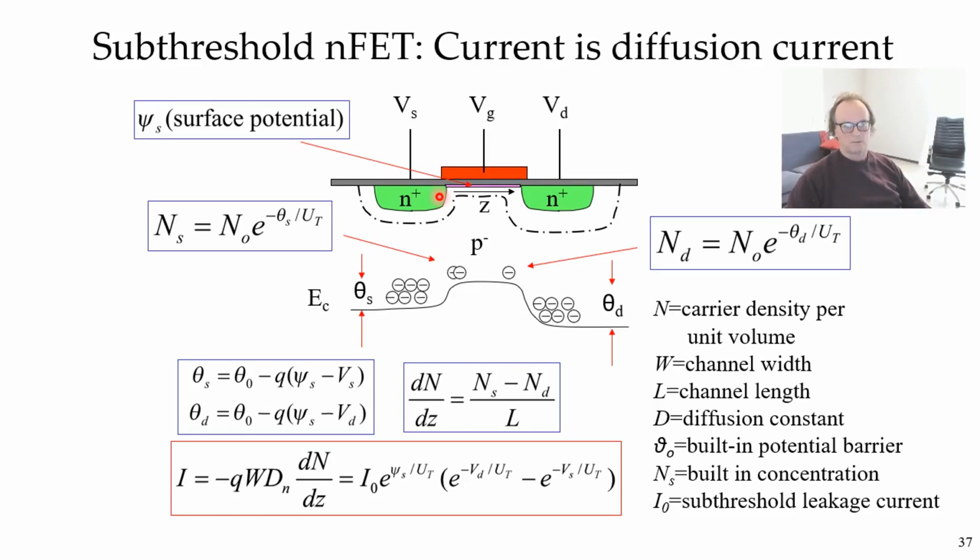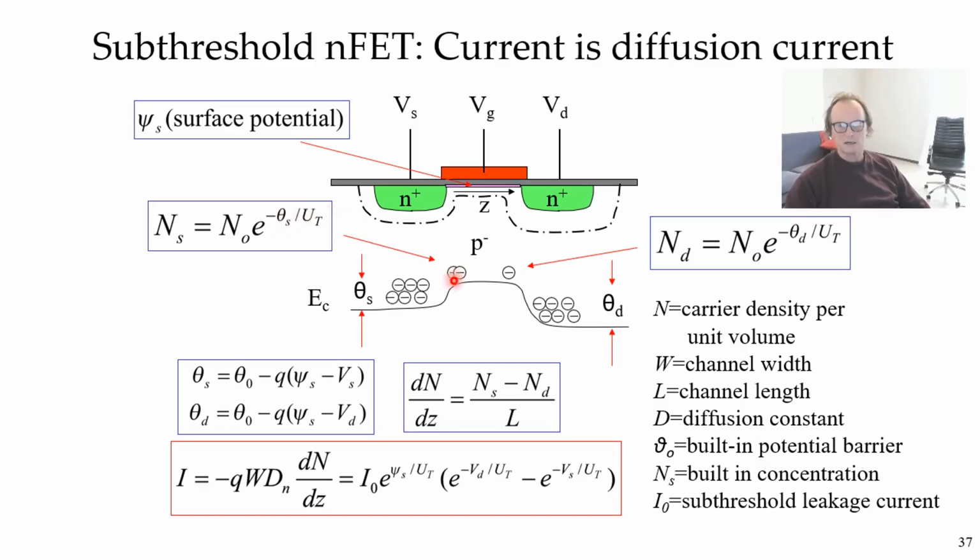You can work it out from complicated band theory, but now I'm going to give you the story which leaves out the really complicated physics, which is not that useful. So again, you have a surface potential psi s, which is defined here at the surface, at the source end of the channel. So now you know, because of the Boltzmann-Fermi-Dirac distribution, and the fact that this conduction band is far from the Fermi level, that the concentration of electrons in the source end of the channel is some pre-exponential constant n0 times e to the minus theta s over UT.